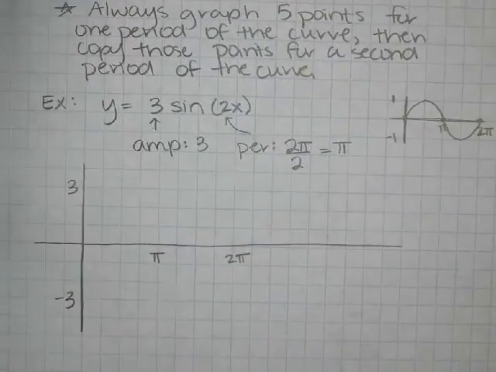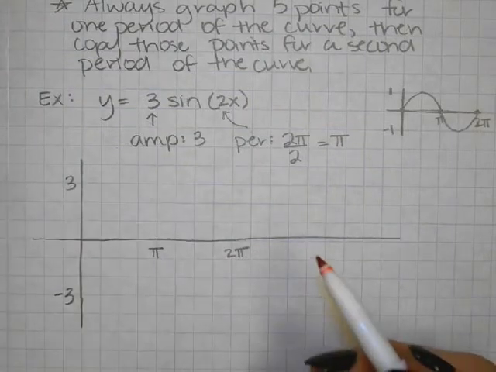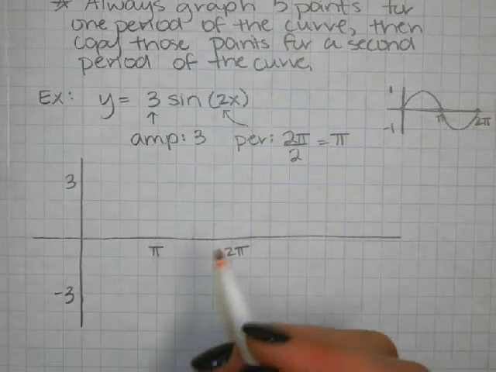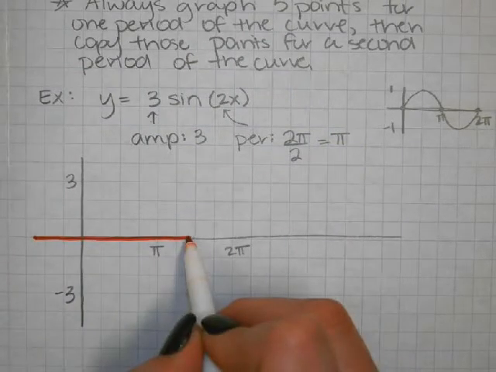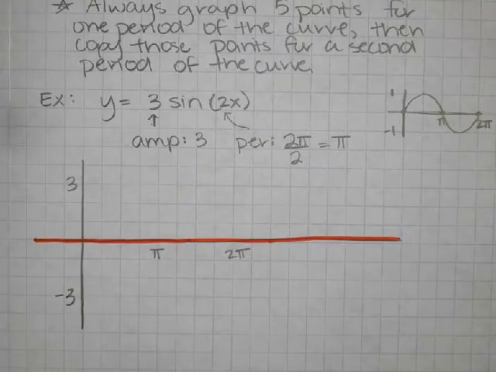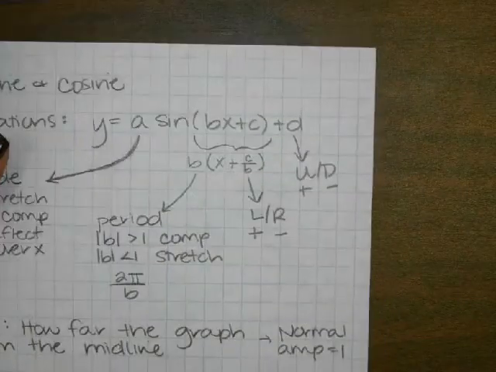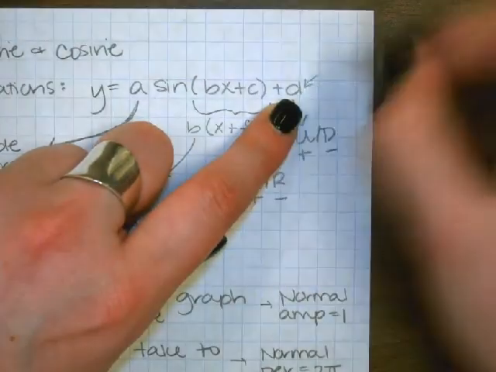Okay. So what I like to have you guys do is figure out what the middles of things should be, okay? So what I'm going to do with my red marker is I'm going to label the midline. And the midline on this graph is right here at 0. And we should go up here to our notes because I forgot to have you mention it up here. But the number on the end tells you what the midline is.